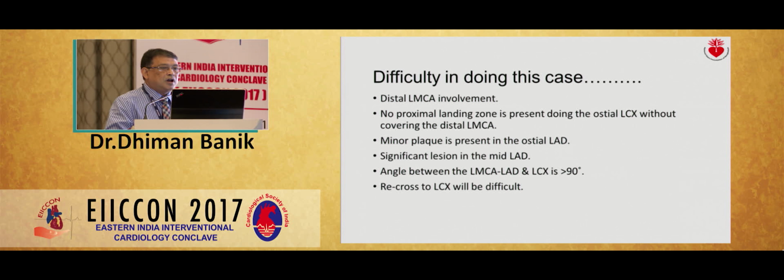You can agree with me, the distal left main is slightly involved. There is no landing zone for doing the ostial LCX without covering the distal left main. It is the main issue of doing PCI for this patient, because the LCX ostial disease is around 99%, and there is no landing zone at the proximal part of the ostial LCX.